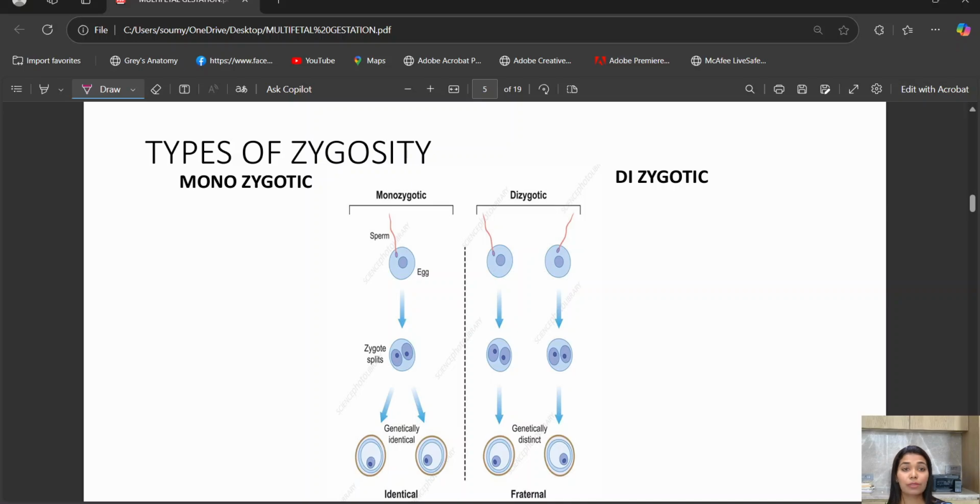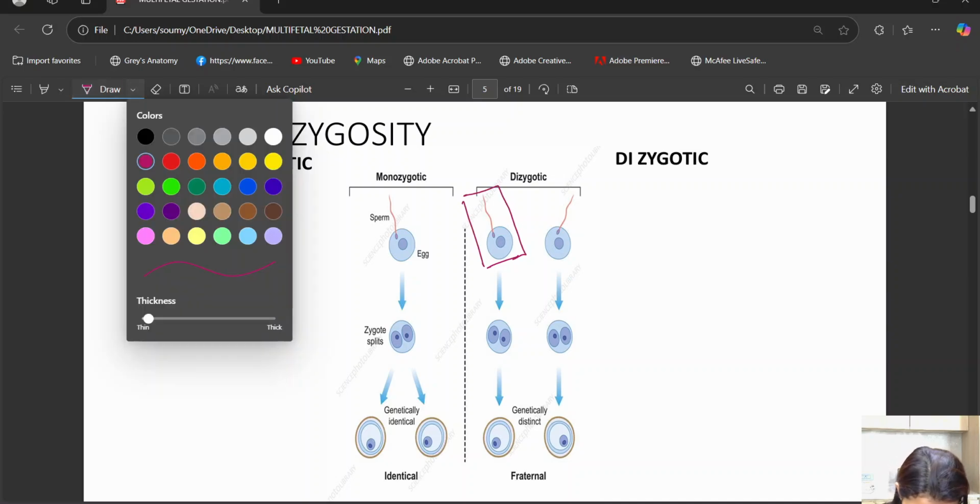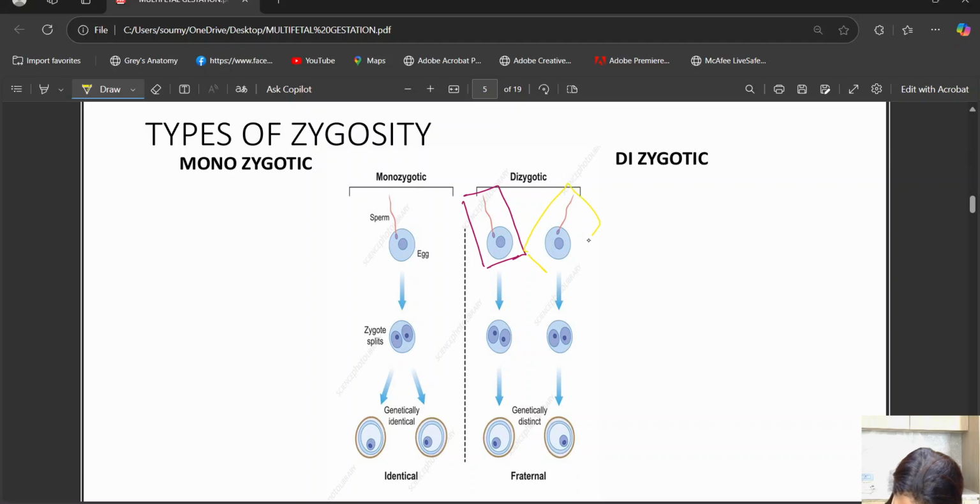Now, types of zygosities. What do you mean by monozygotic and dizygotic? We have already discussed. Now I'm simply going to talk about the exact process through which these twins get formed. Now in dizygotic, like we said, there are two zygotes to begin with. This is one and this is the second.